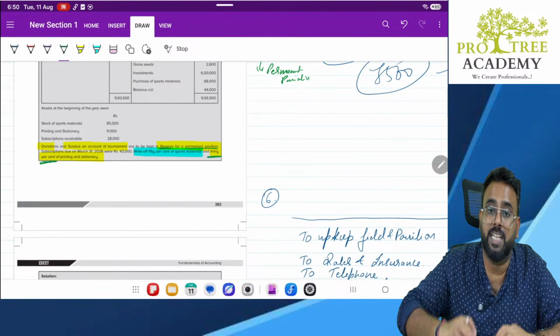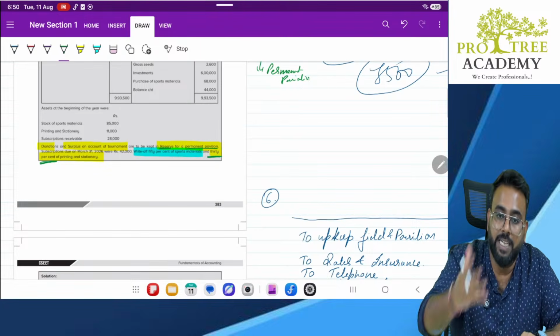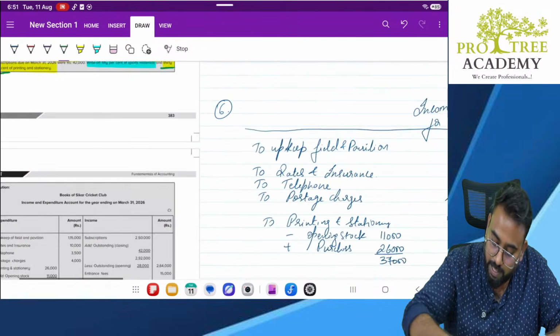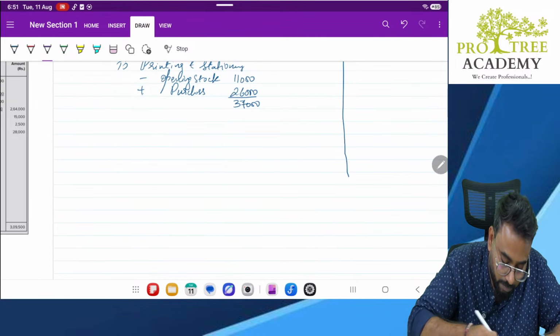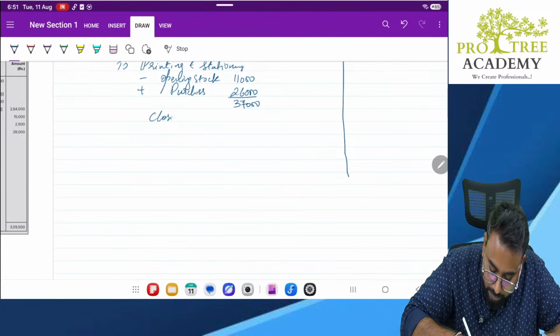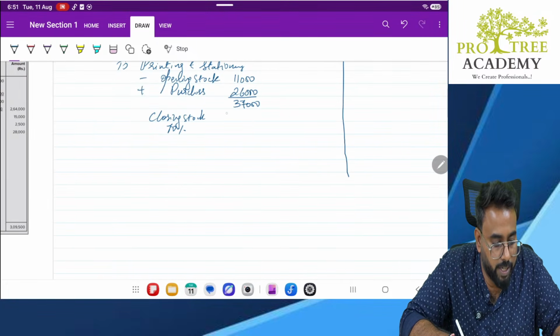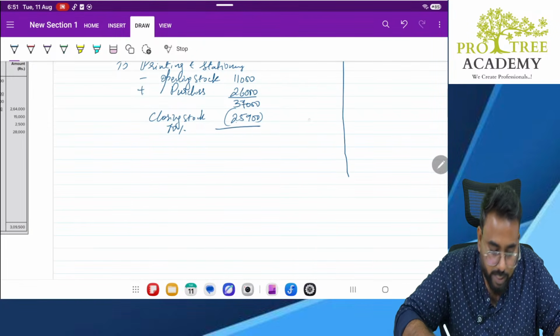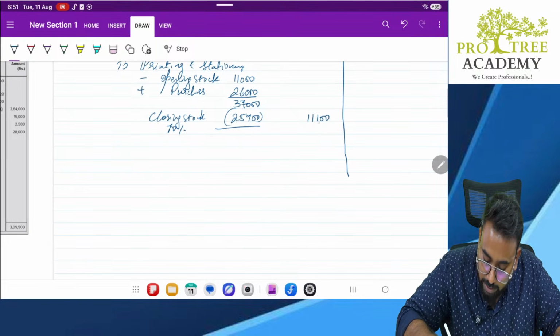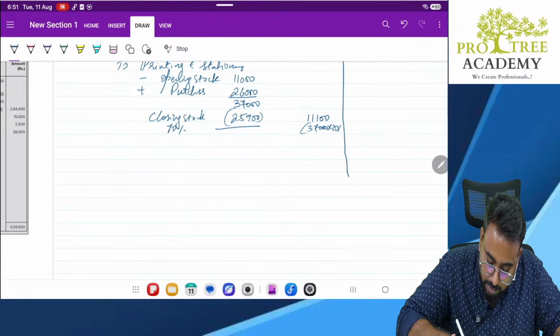That means 30% has been used, 30% is actually the expenditure. Clear? So if 30% is the expenditure, what will be the closing stock? Closing stock will be 70%. So 37,000 into 70% is 25,900. So the net amount is our expenditure, that is 11,100. This is nothing but 37,000 into 30%, and the closing stock is 37,000 into 70%. Clear?